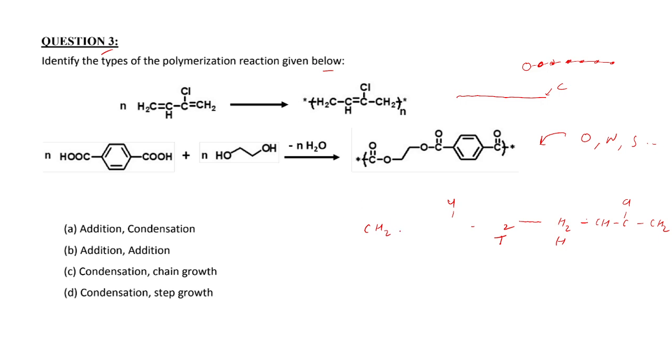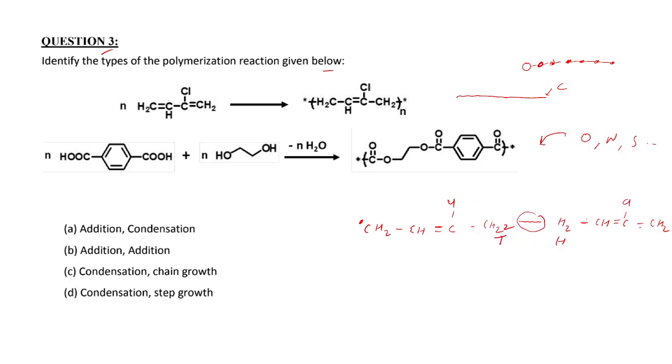Let me write it again. CH2, CH, C, then CH2. So this new bond is formed between these two molecules. Here this bond will break and there this will break, so there is an active site here, and similarly it will make a double bond here and it is the active site.